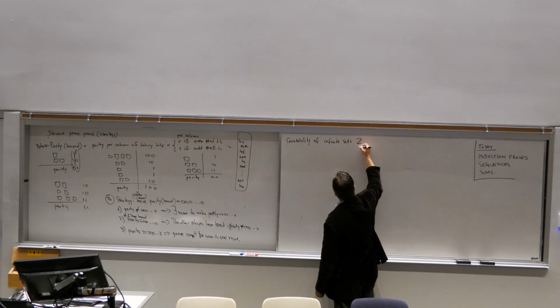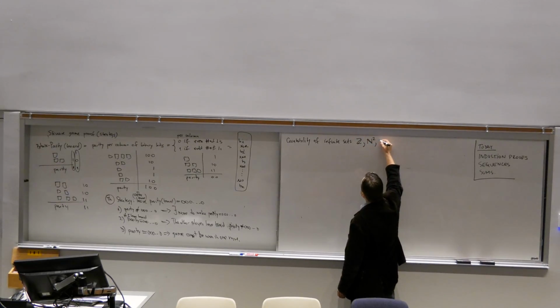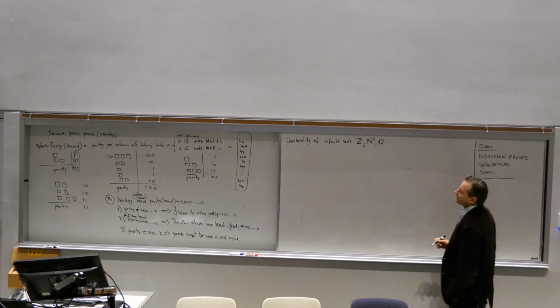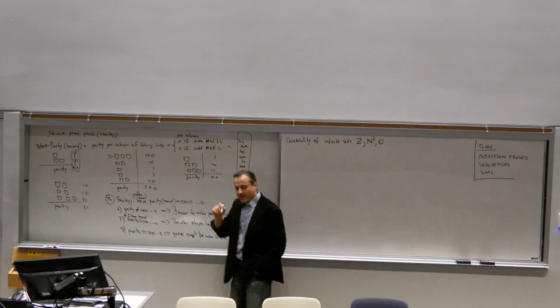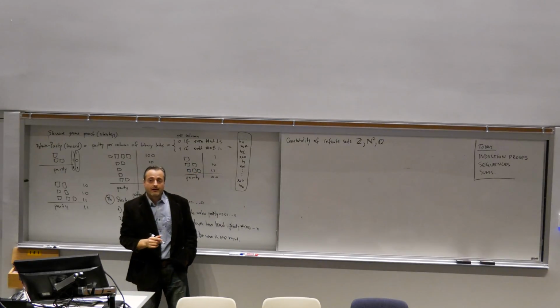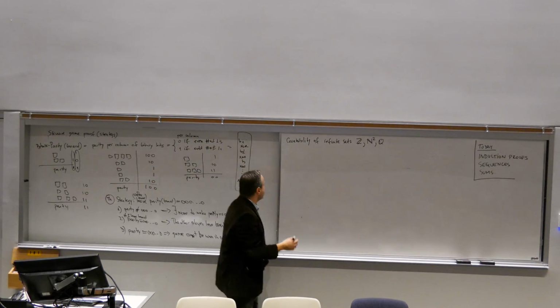One is Z, actually 3 examples. The other one is N squared, and the other one is Q. So we don't know enough mathematics to define countability correctly, but we can definitely define it intuitively.